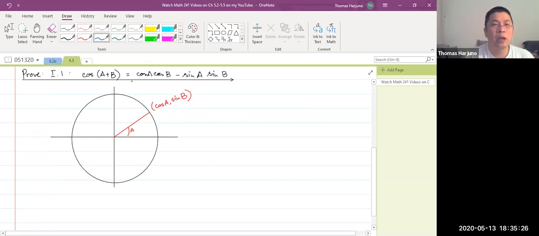And suppose I have another angle in quadrant 4. Call this angle negative B. So that one's supposed to be sine A here.